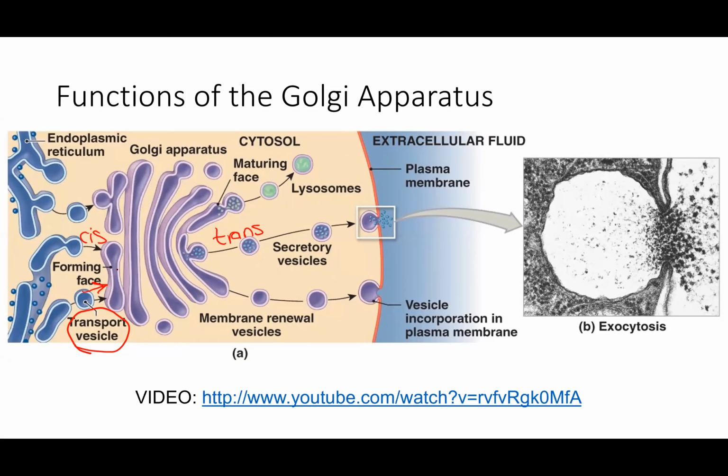Then these products travel through the Golgi apparatus where they're modified and packaged and then sent out to different parts of the cell or to the outside of the cell. So the three main ones: lysosomes, secretory vesicles for releasing products outside of the cell, and membrane renewal vesicles, which add or remove components to the plasma membrane itself.